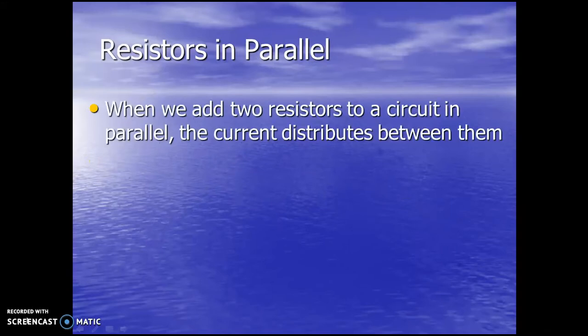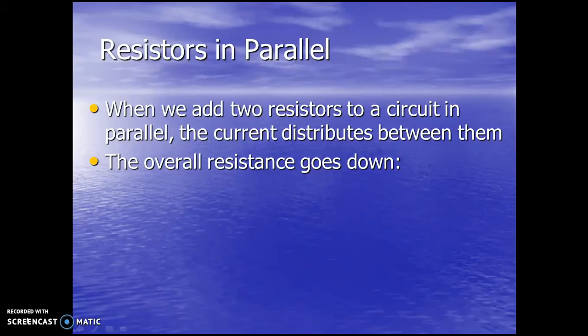Resistors in parallel, on the other hand, when we add two resistors to a circuit and we give the system two paths for the electrons to follow, the current distributes between them. Now, electrons are lazy, so what this means is that more current goes through the easier path.